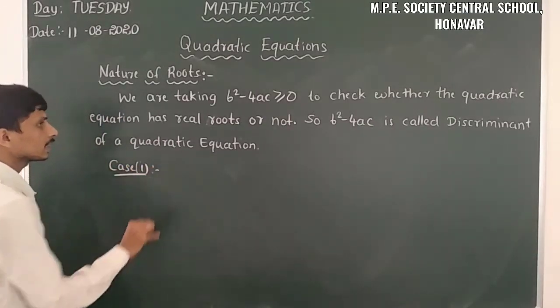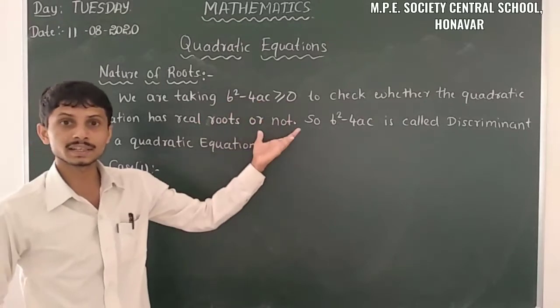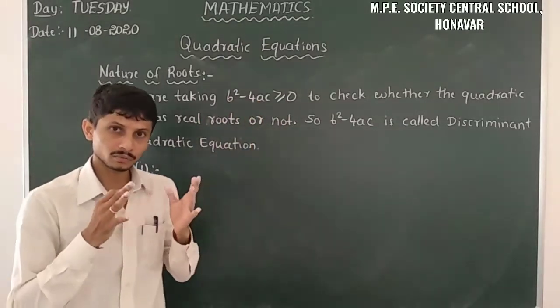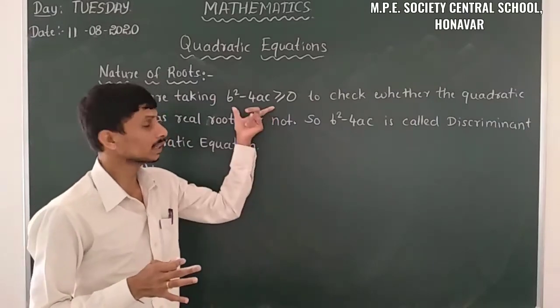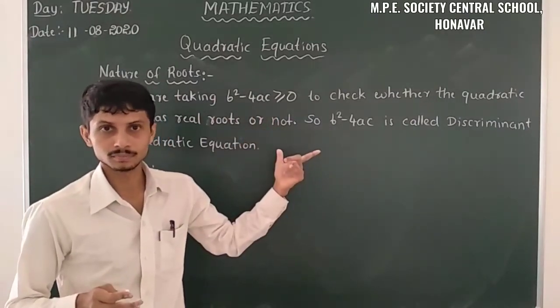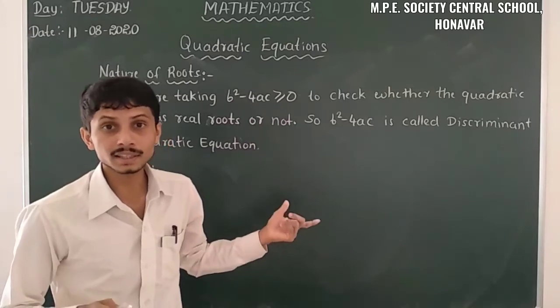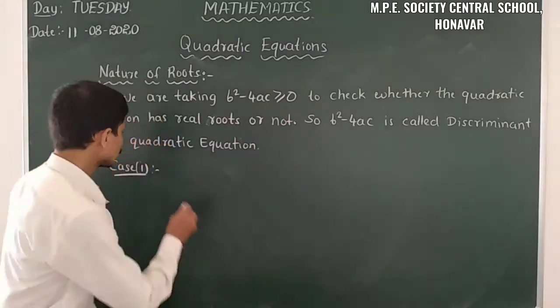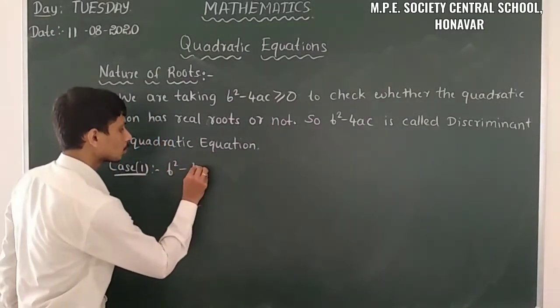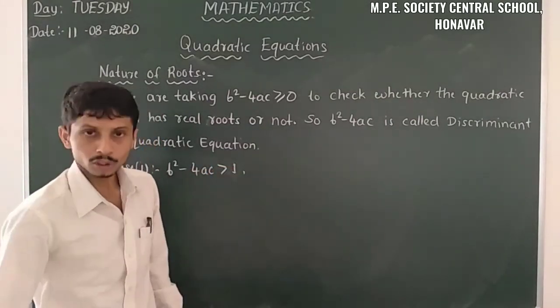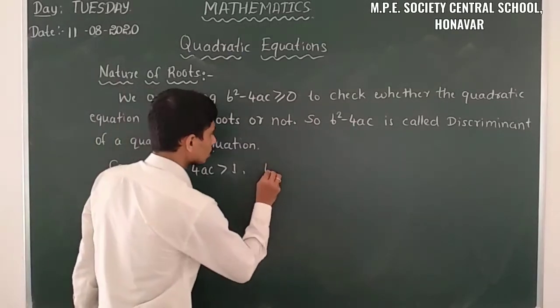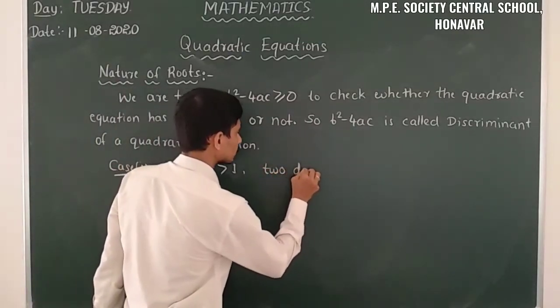Case 1: b square minus 4ac is greater than 0. That means when we take b square minus 4ac and the answer is greater than 0, what happens? It has two distinct roots.